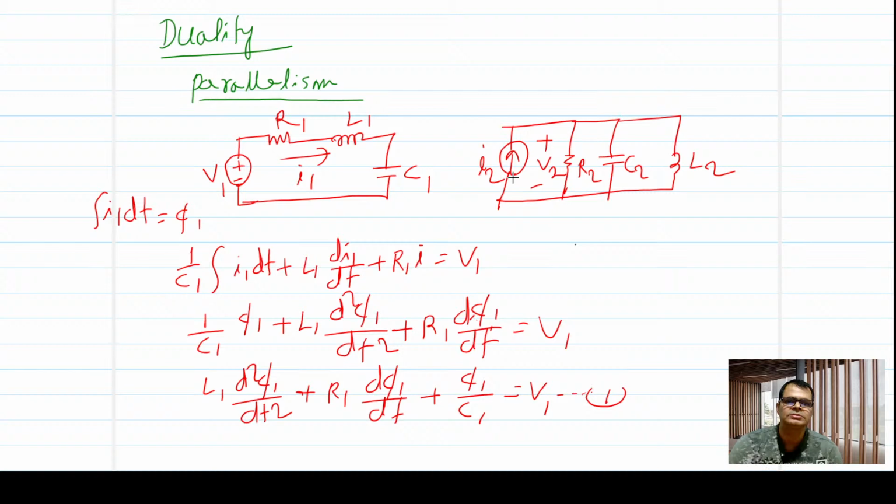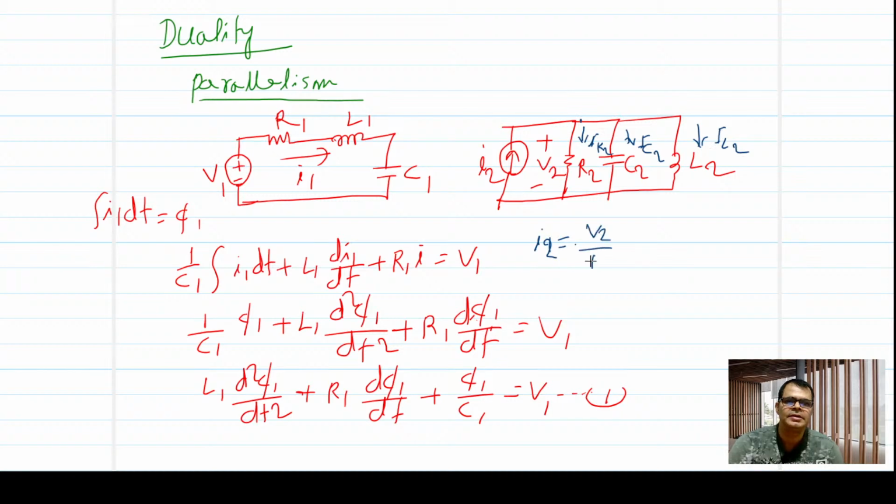If I use a node equation here, I1 is equal to I2. I2 is equal to this current, let's say IR2, this current IC2, this current IL2. So what is this current?